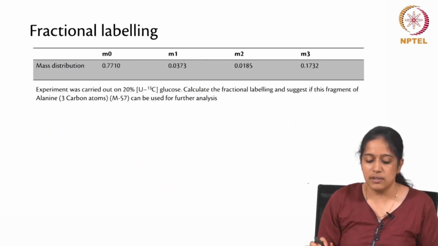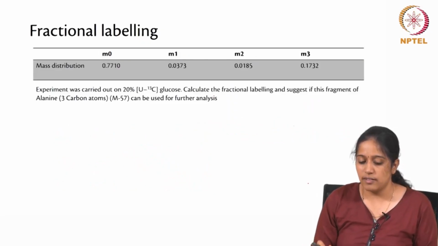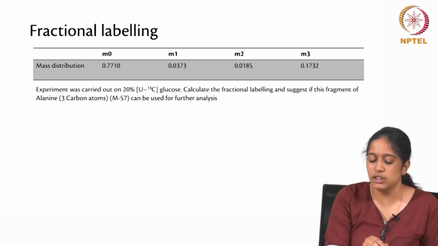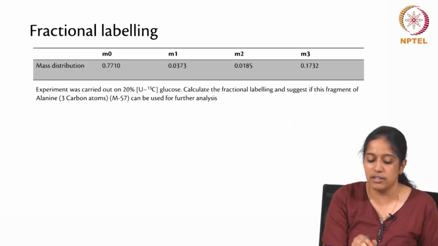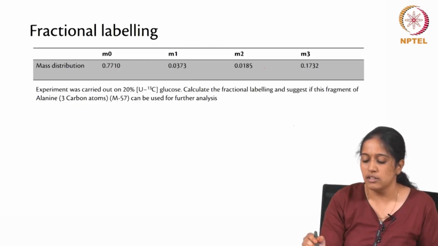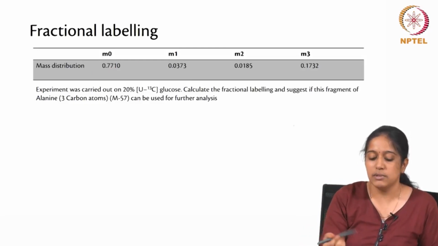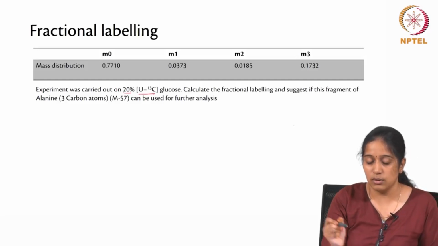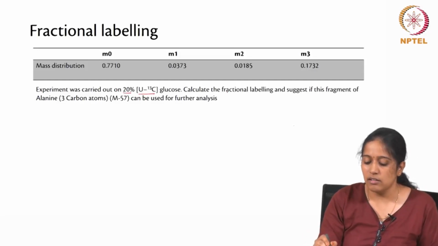In the next example, we will be talking about fractional labeling. In this case we have the mass distribution vector. We are already given the numbers here which we earlier calculated, but this is another example. This experiment was carried out on 20% U-C13 glucose, and here we need to first calculate the fractional labeling.